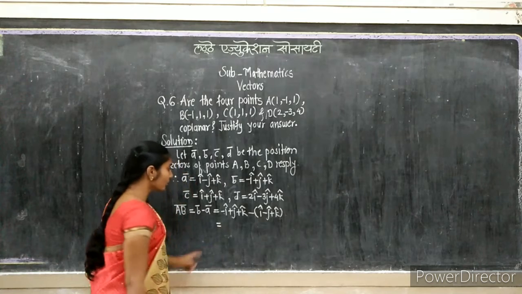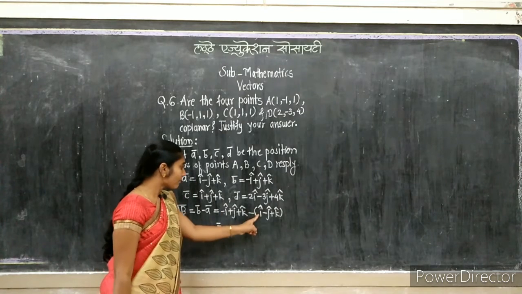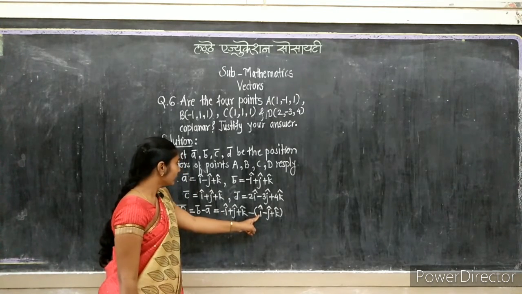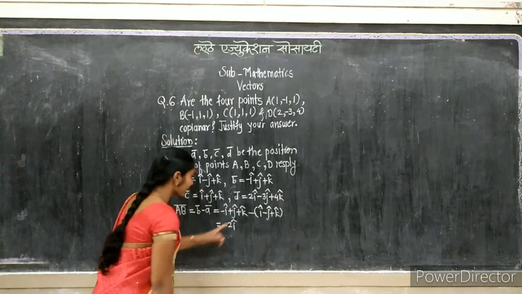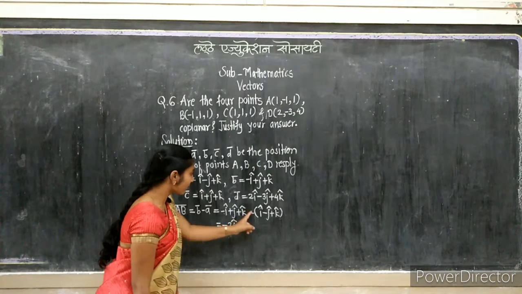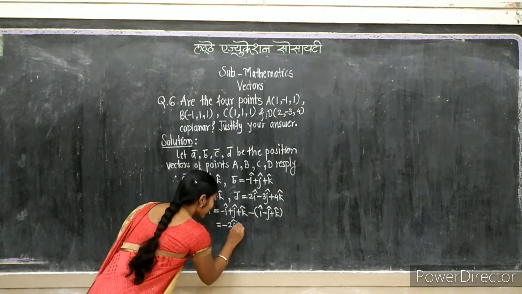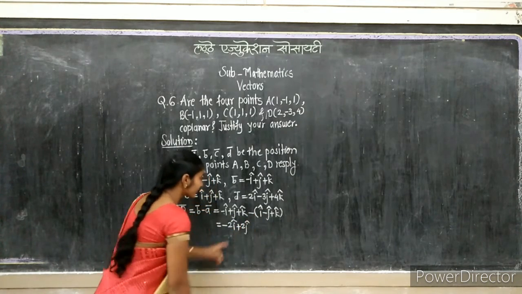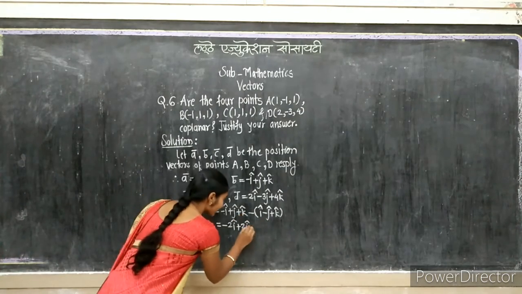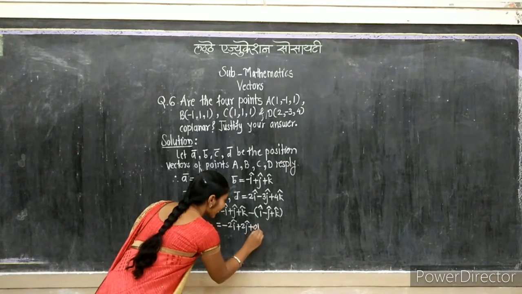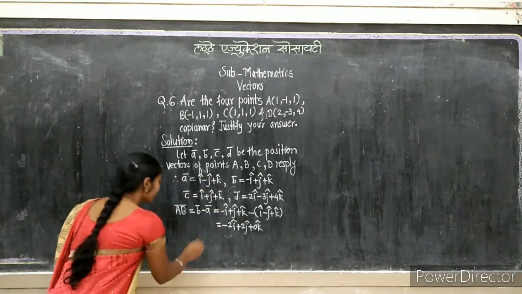That is minus 1 minus 1 equals minus 2 i cap, plus j plus j equals 2 j cap, and the coefficient of k cap is 1 minus 1 equals 0 k cap. This is AB bar.